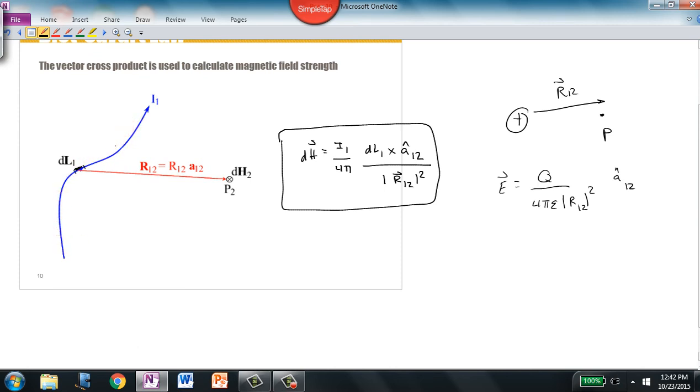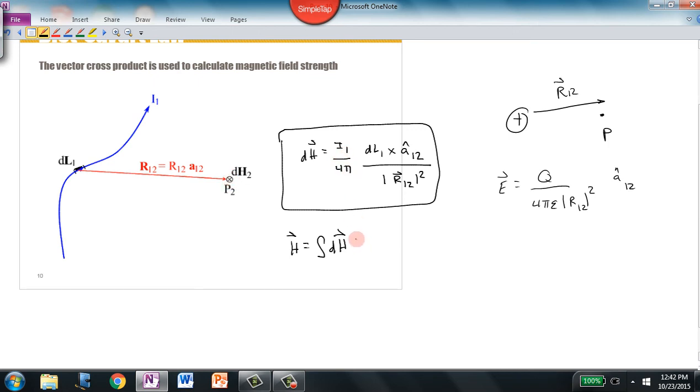We just apply some calculus. If I want to know what total H is, H is just equal to the integral of dH, right? If I integrate along this total length of wire here, if I integrate the differential magnetic field strength, I will get the total magnetic field strength right here.